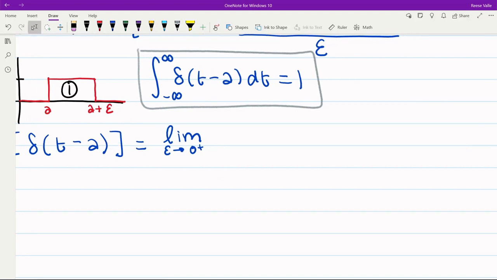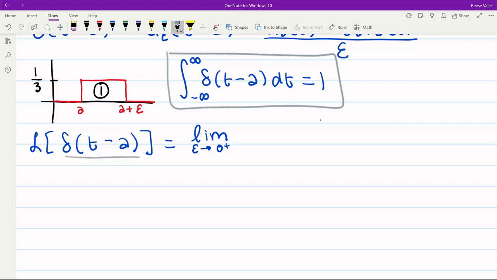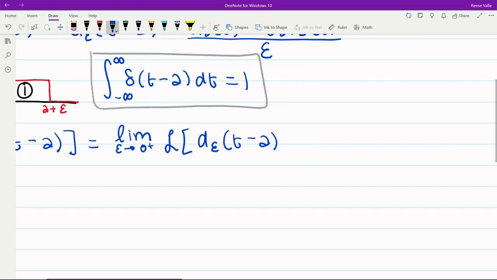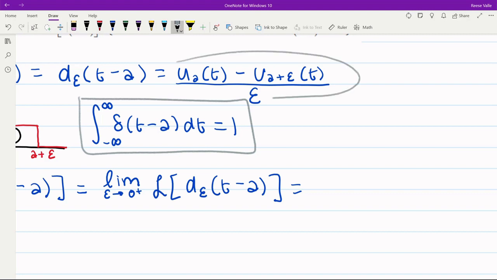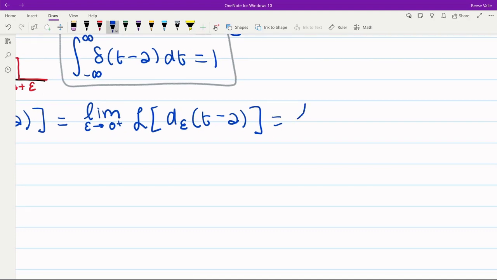And then we're going to substitute this with our more defined function, d sub epsilon of t minus a.